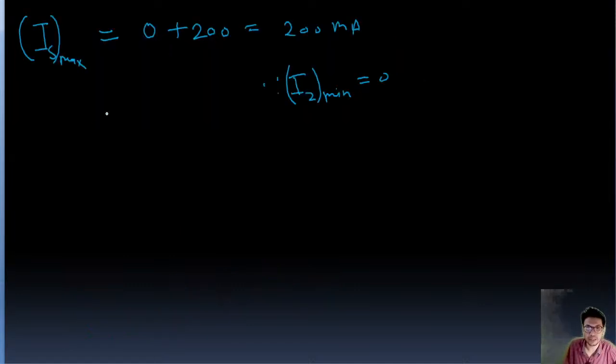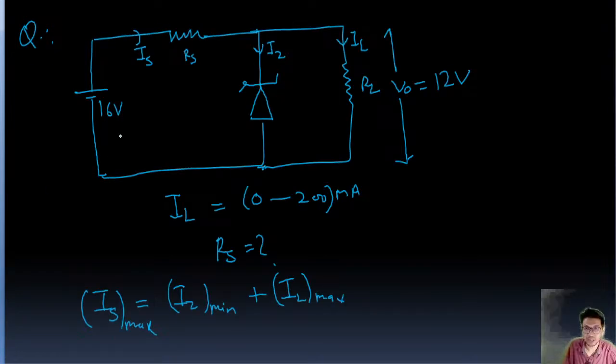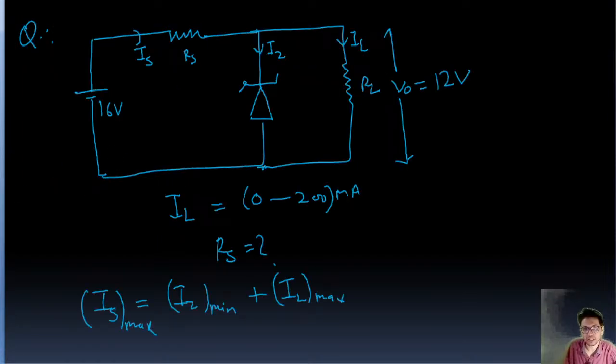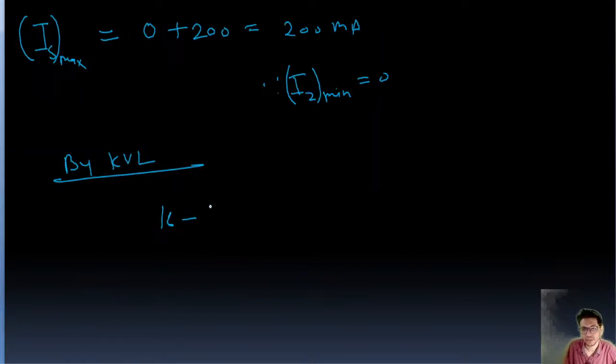By KVL, this is going to be 16 minus IS RS minus VZ equal to 0.